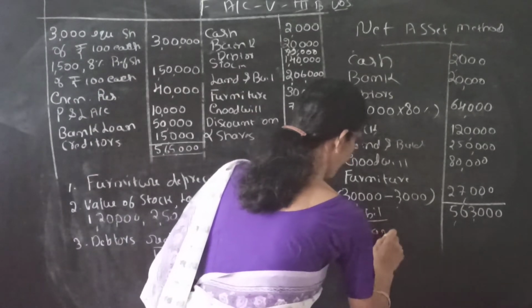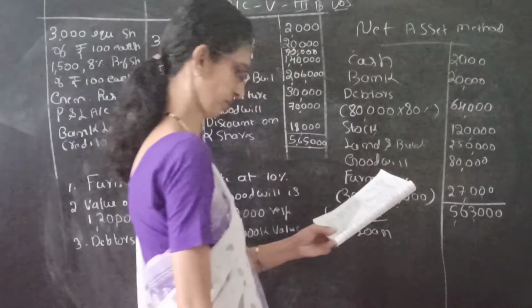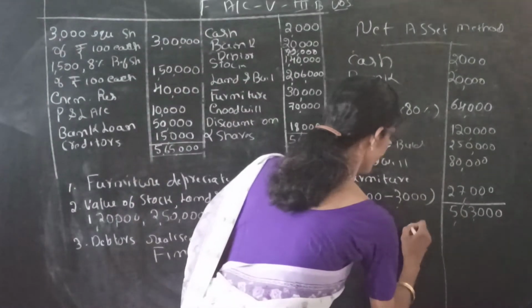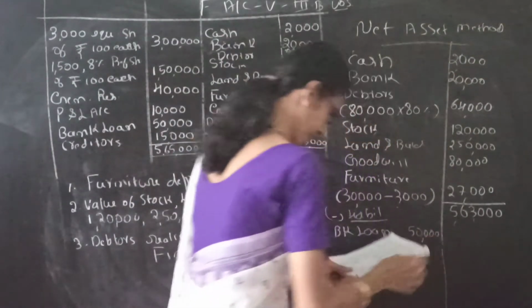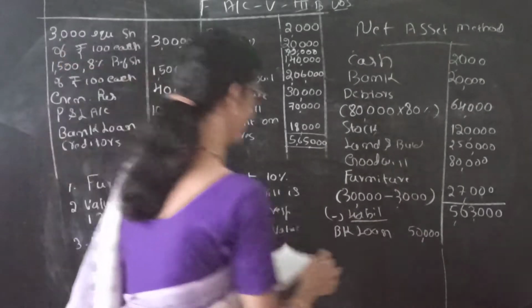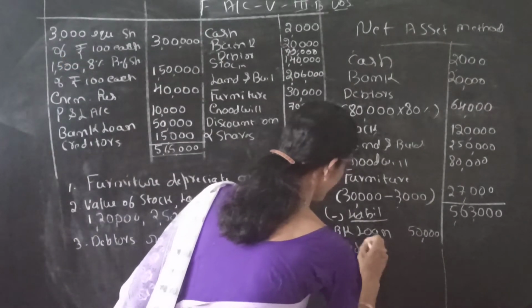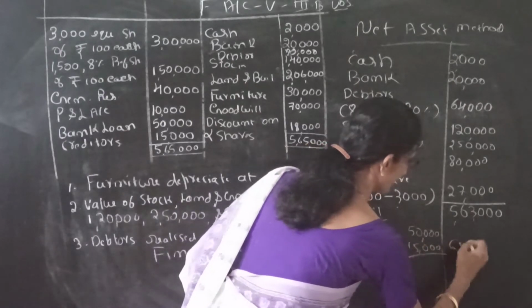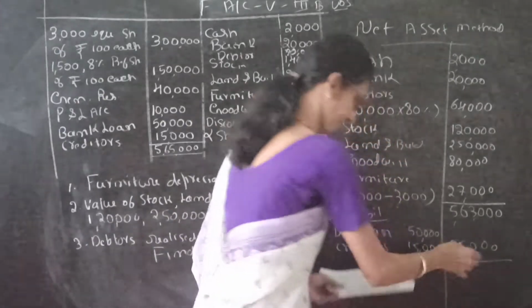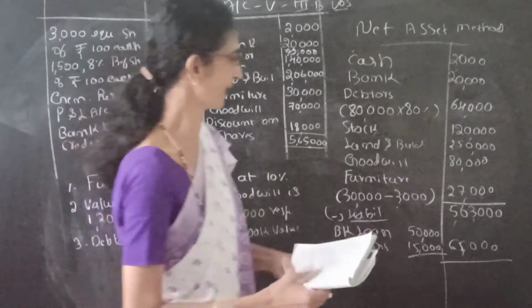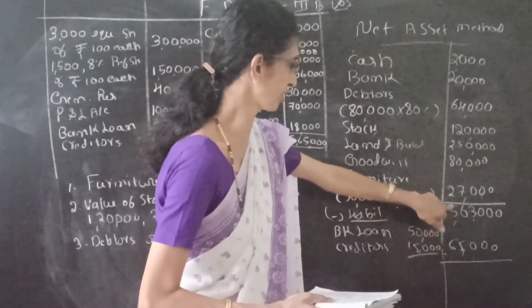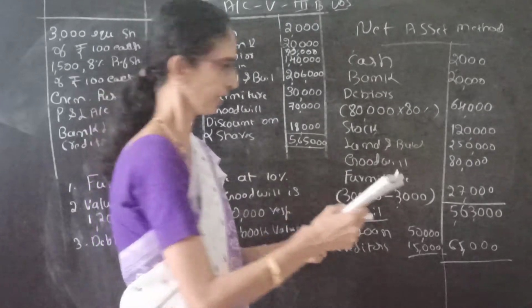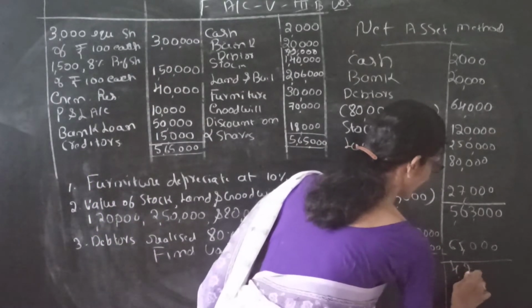So we have to write bank loan, in the inner column it is 50,000. Next one is creditors, 15,000. So the total is 65,000. If we deduct 65,000 from 5,63,000, we get 4,98,000.